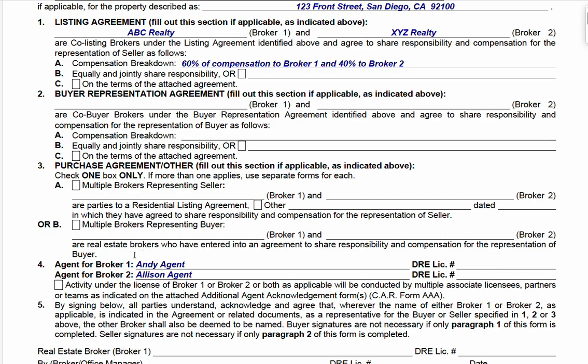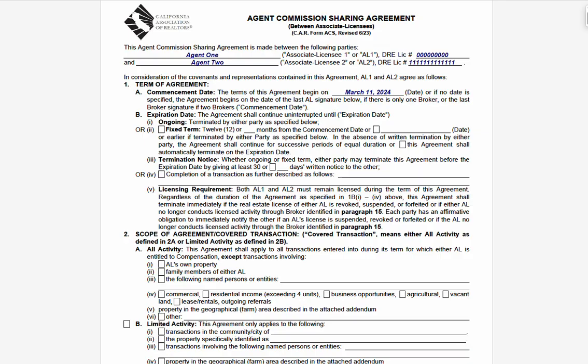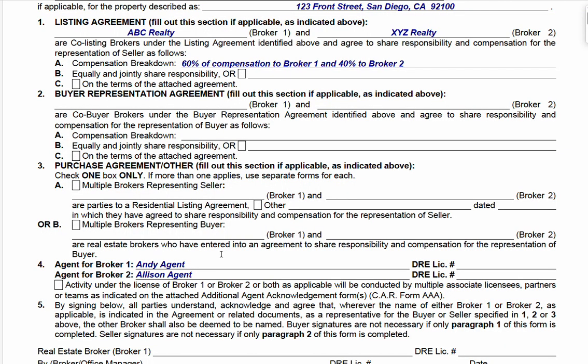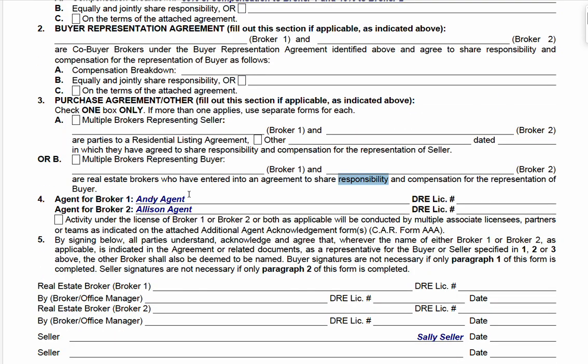So I would say incorporate that ACS form, or write it out on a document. Write out which responsibilities, which duties go to whom, and how the compensation is split. Fairly simple stuff.